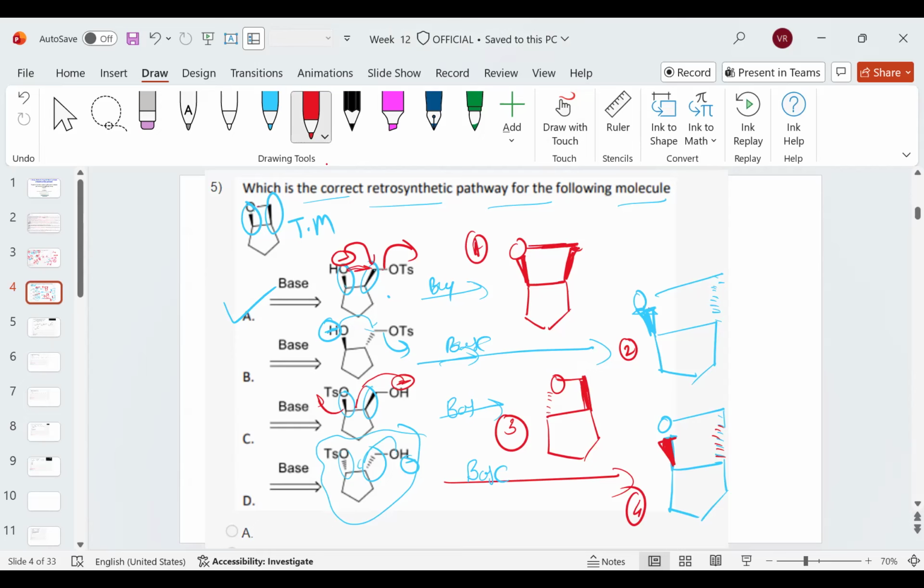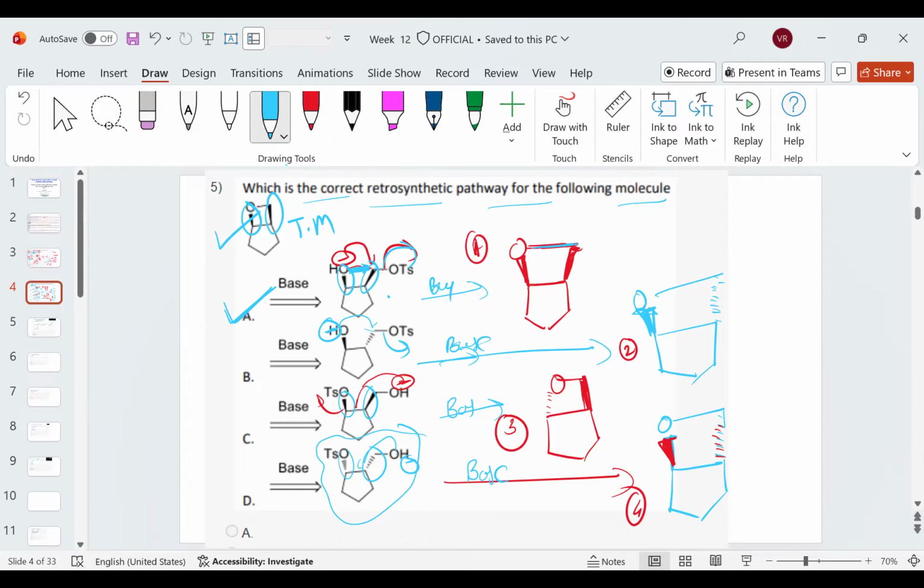Although it doesn't look anti, opposite to each other like a backside attack, if you look at planarity, this bond is in plane. The attack takes place on this carbon in the same plane as this OTs group is there. So that's what is in our product. Option A, therefore, is the correct option.